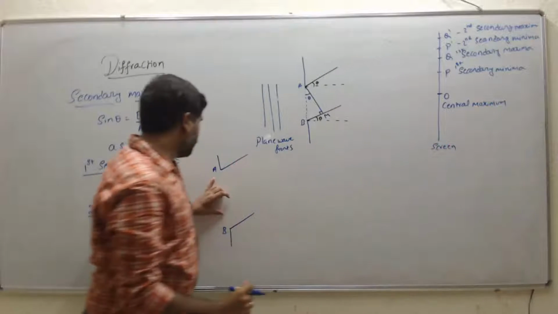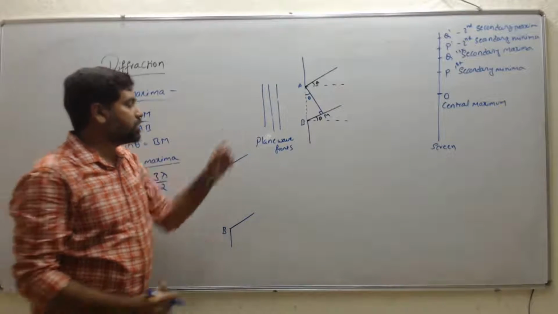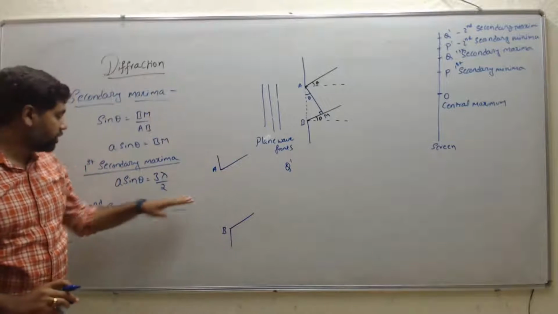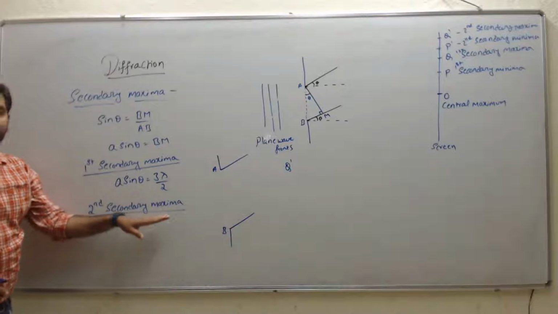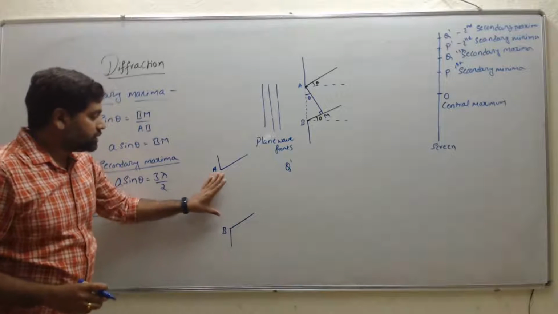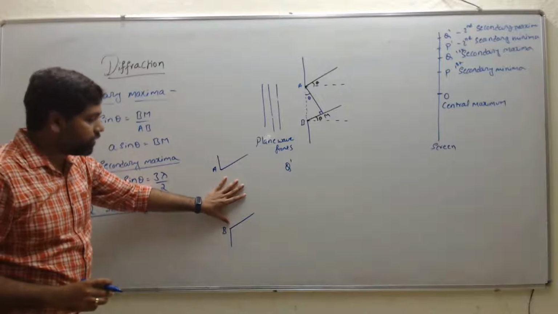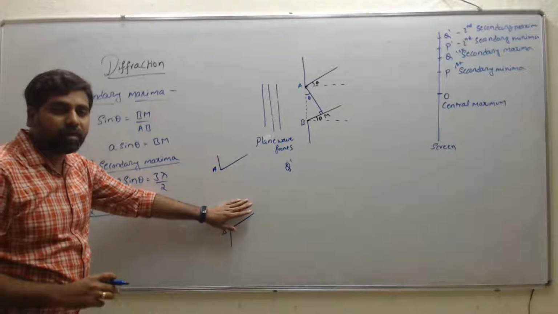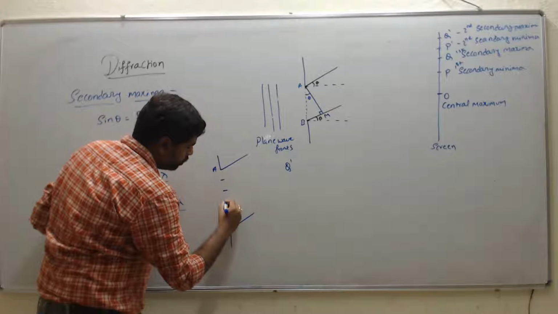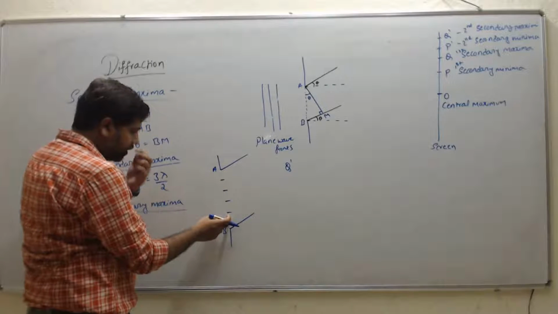So now these two waves coming from A and B will reach the point, that is, it will reach the point Q dash. Then only we get the second secondary maxima. Now here what we are going to do is, this wavefront AB is divided into 5 equal parts. 1, 2, 3, 4, and this one is the 5.